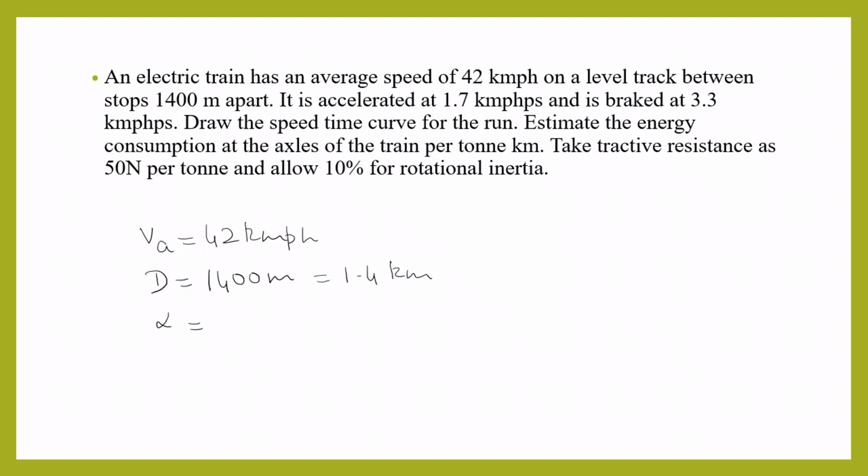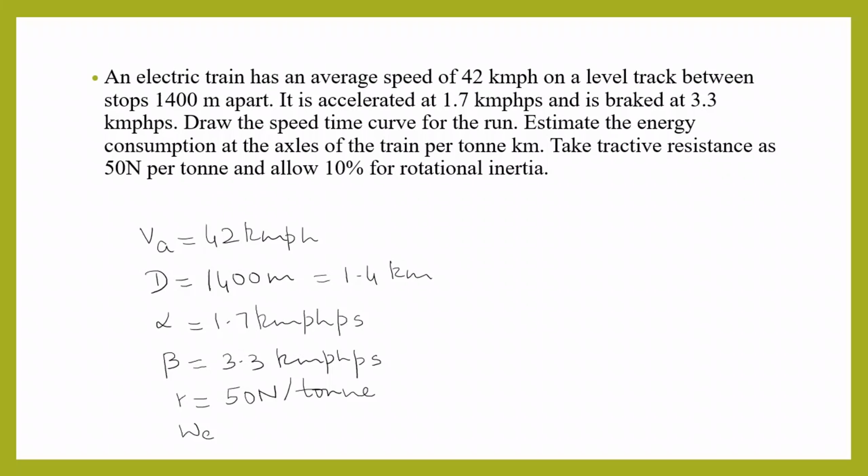Acceleration alpha is 1.7 kilometer per hour per second. Braking retardation beta is 3.3 kilometer per hour per second. Tractive resistance R is 50 Newton per ton and rotational inertia is 10%.